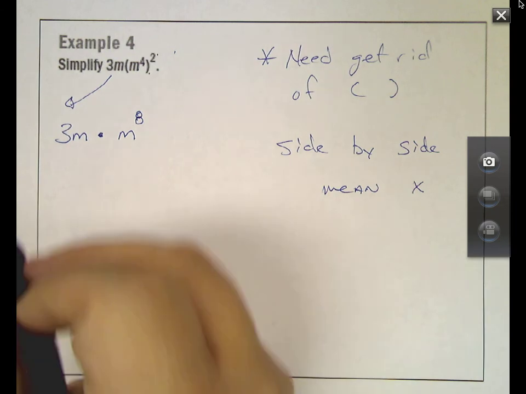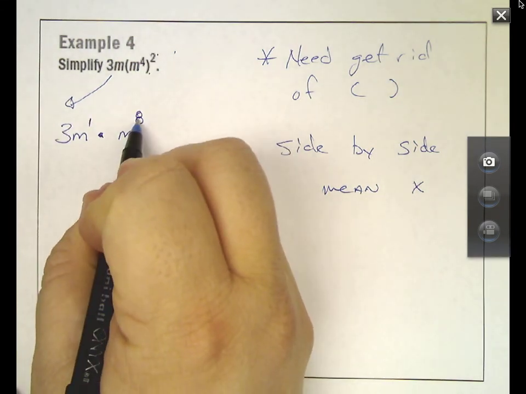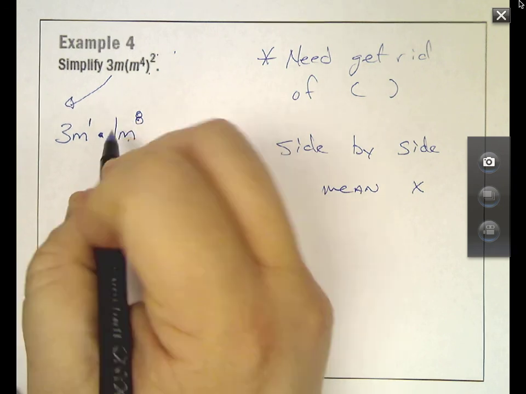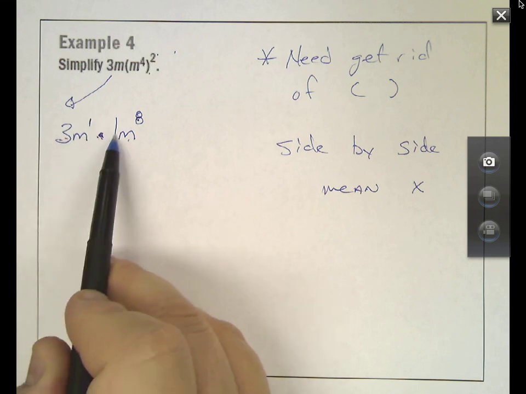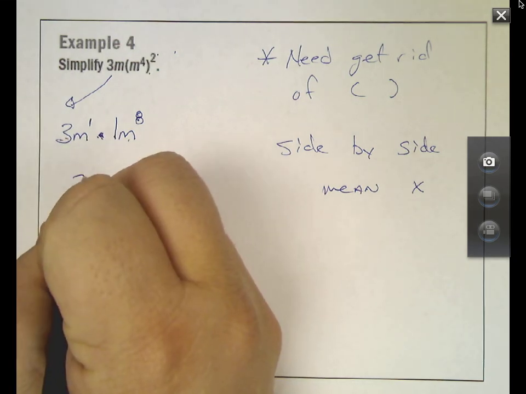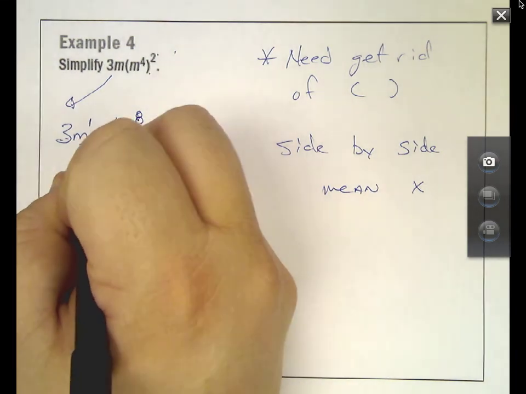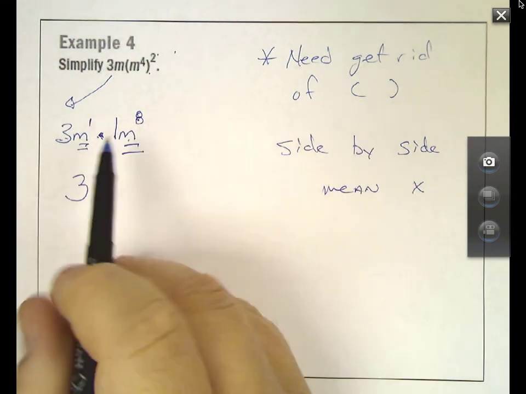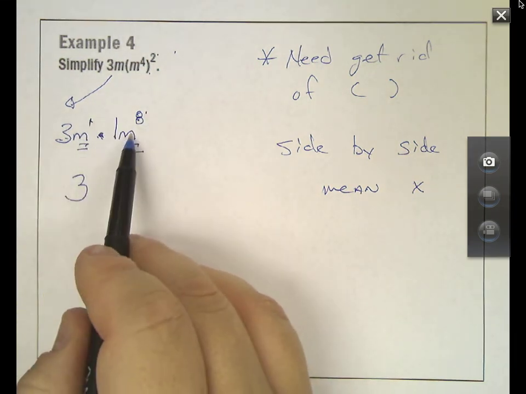Now, we are not quite done yet. Why aren't we done? Well, I have m to the 1st times m to the 8th. If you think of this as our coefficients, 3 times 1 is 3. Same base, so I can add my exponents.